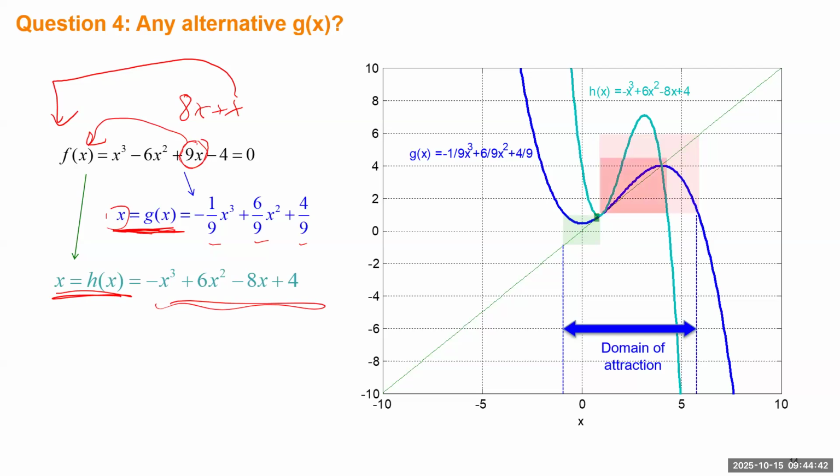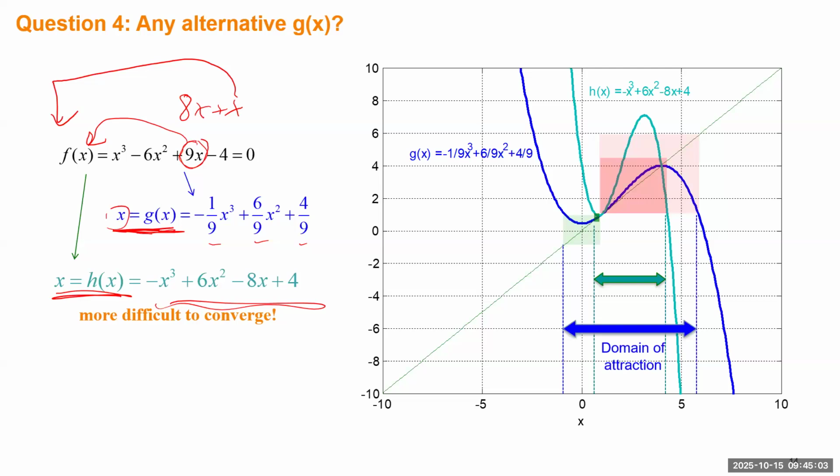But for the second formula, both domains of attraction become smaller. So in order to converge to the solution, you need to be sure to enter this smaller domain of attraction. So the answer is the second formula is more difficult to converge.